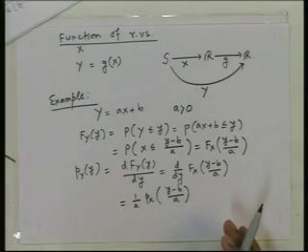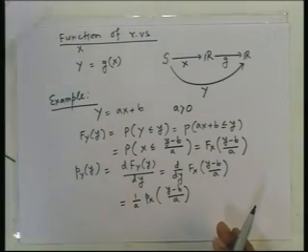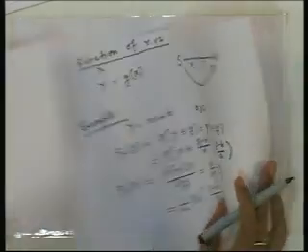Now, if we have some multiple random variables and we take multiple functions of those random variables, then let us see what happens to their joint density functions and joint distribution functions.